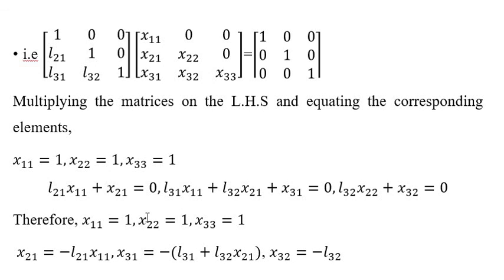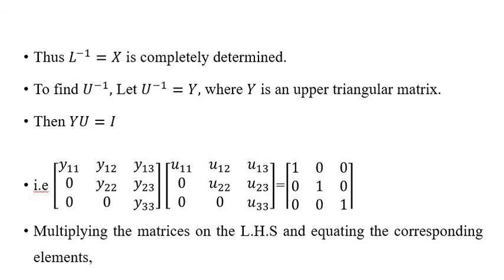So after elimination we get x11 equal to 1, x22 equal to 1, x33 equal to 1, and x21 equal to minus L21 x11, x31 equal to minus of L31 plus L32 x21, and x32 equal to minus L32. Thus, L inverse equal to X is completely determined.